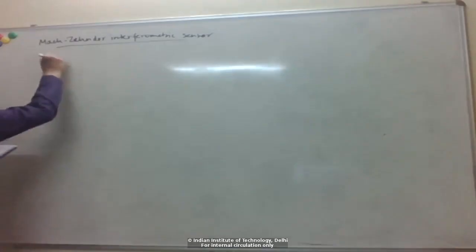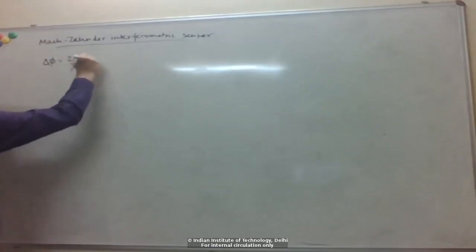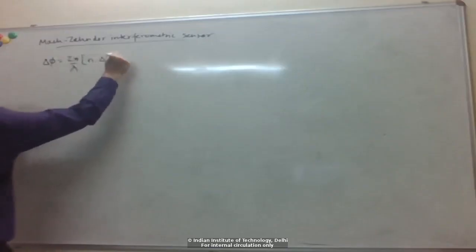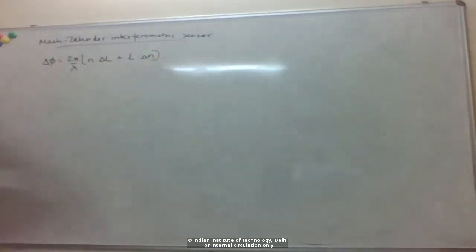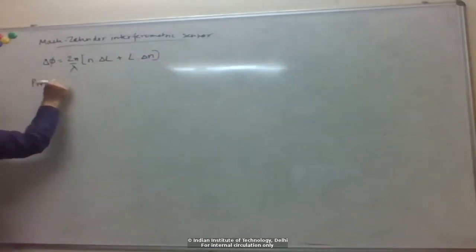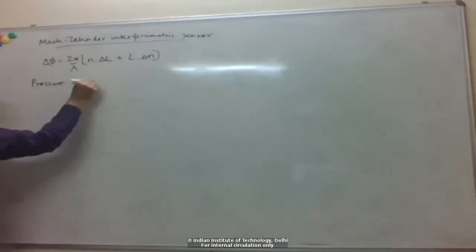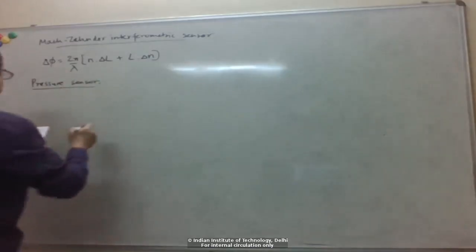So this phase shift, as we saw, could come due to a change in length or a change in the refractive index. Right. So, for example, if you use this as a pressure sensor, right?